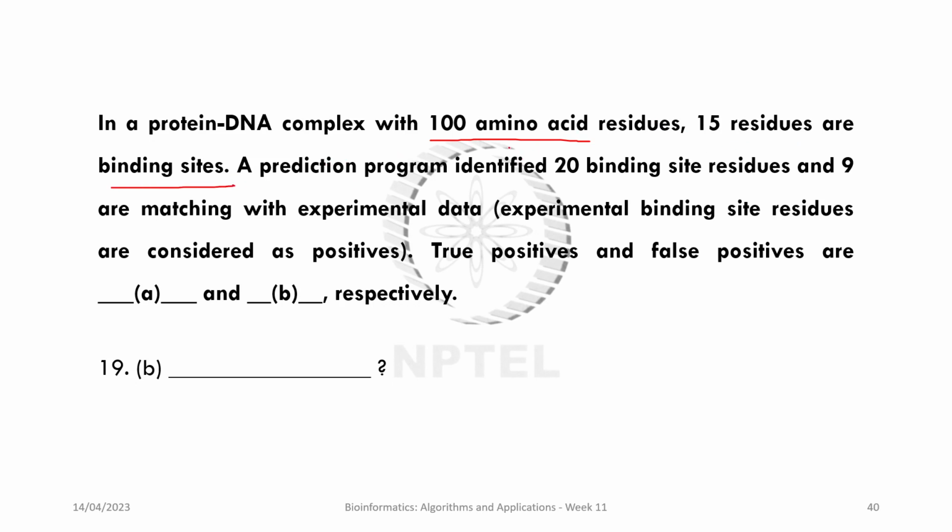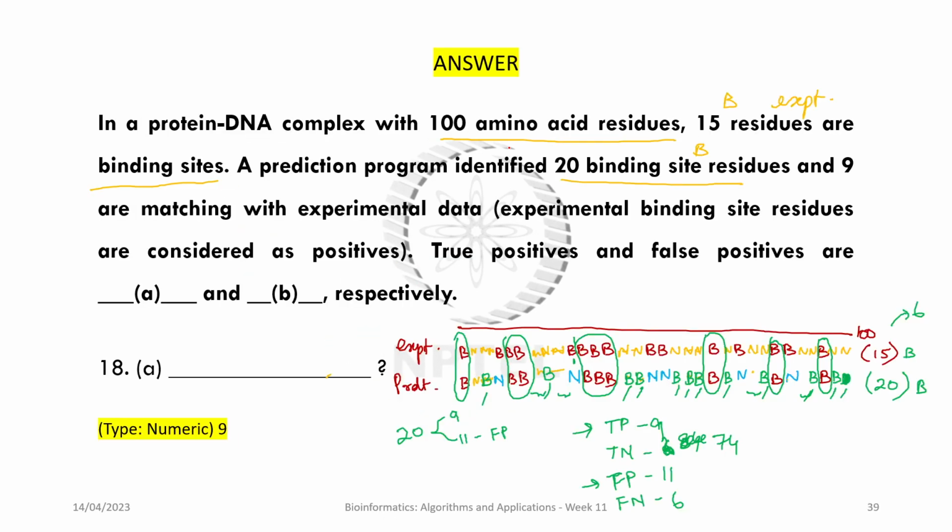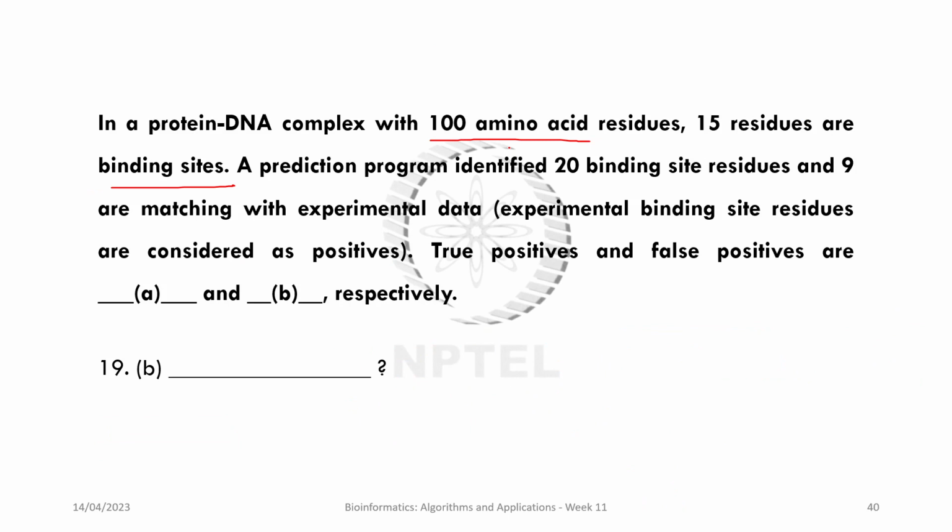I think a lot of people got confused with what I did here, so let's look into a simpler way of doing things. You have the total amino acids as 100 and 15 residues are binding sites. When you say 15 are binding sites, they mean experimental positives, or experimental positives are 15.